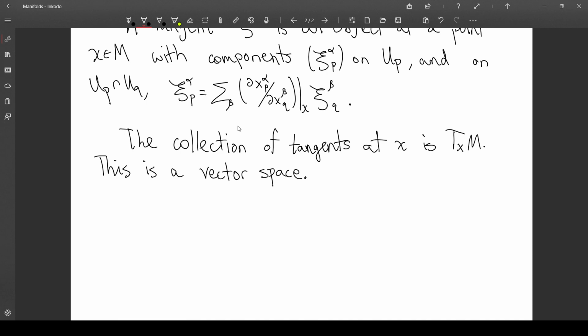And we can endow a natural basis for this vector space, which is that of the derivatives with respect to coordinates, right?